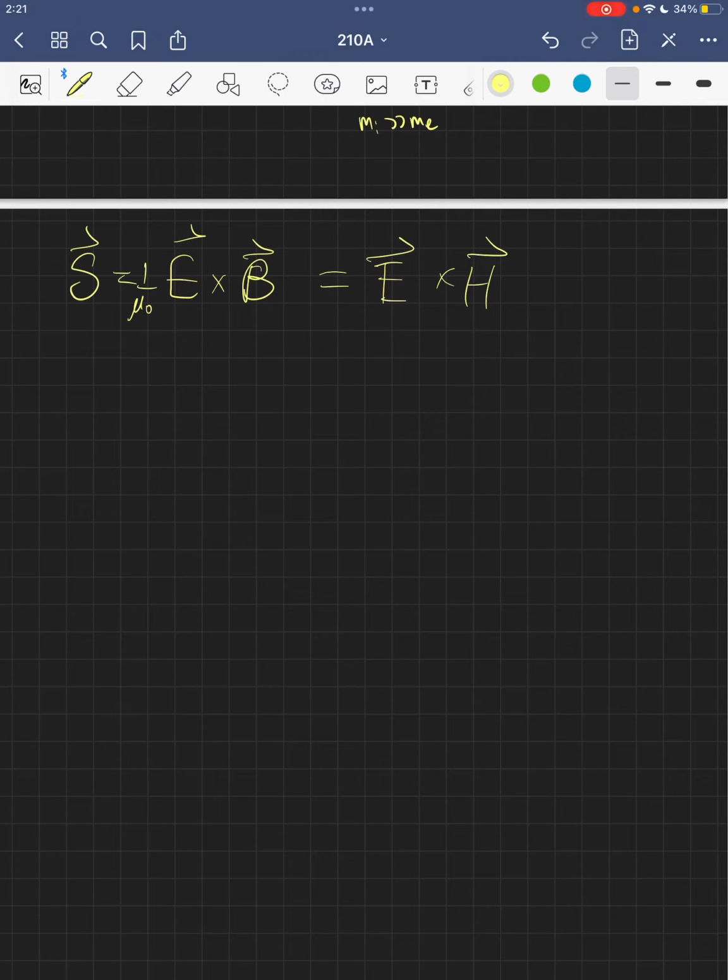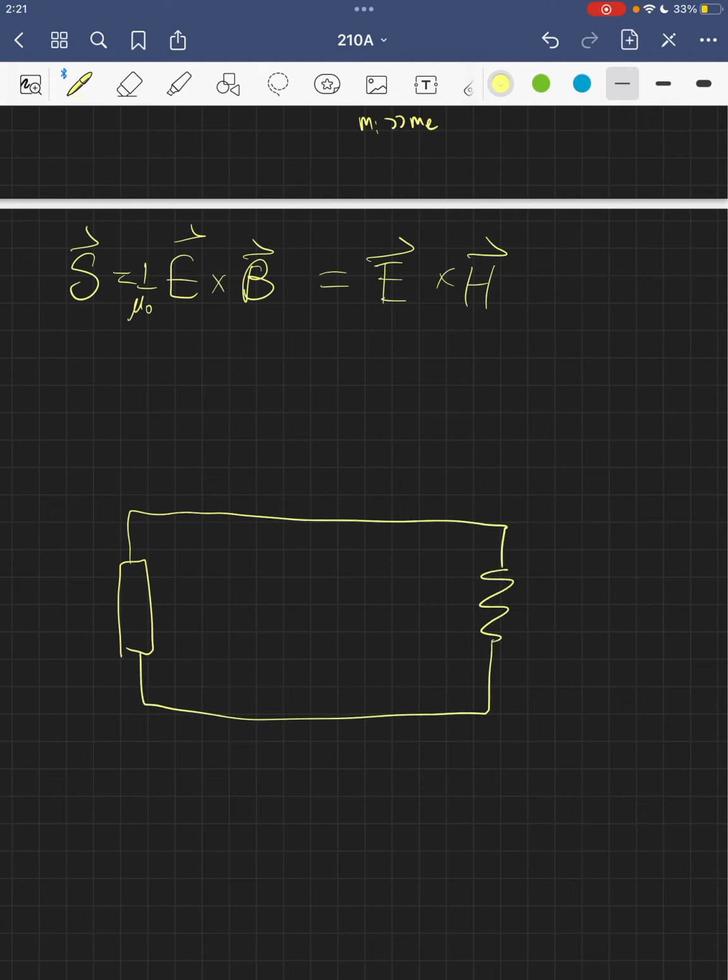All right. So let's just even think about a circuit, right? Like this. Well, in this circuit, if this is our current, the electric field would flow down here, right?